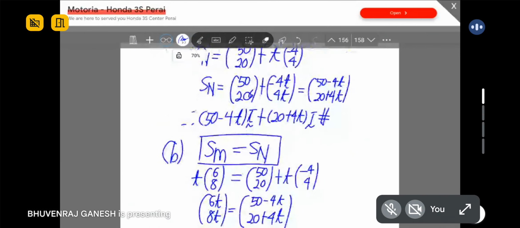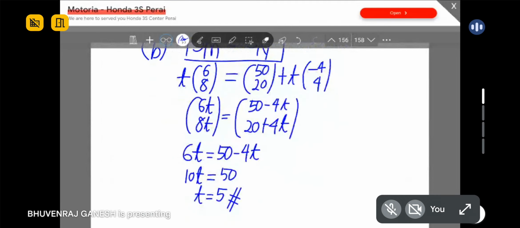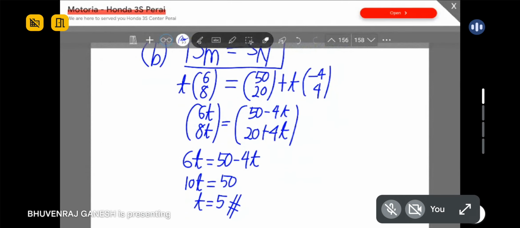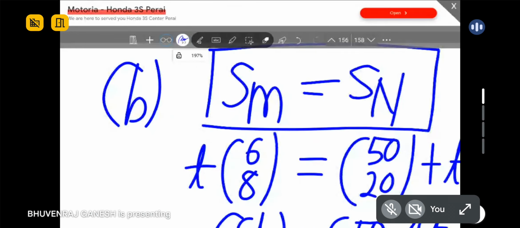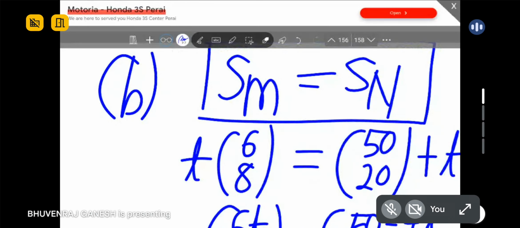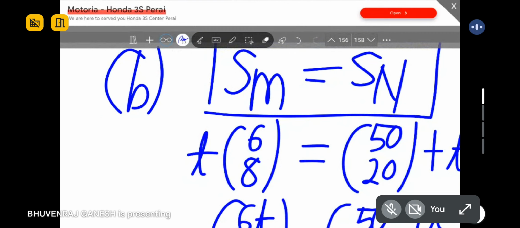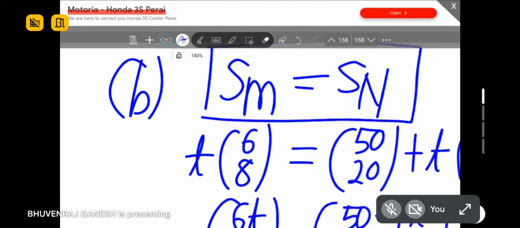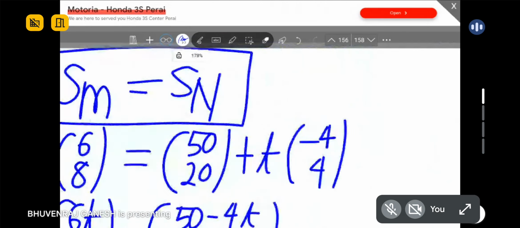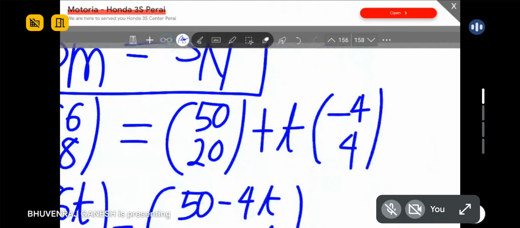If you guys don't really understand, right, you can actually draw out in a coordinate system. It means you draw the coordinate. Example for M, when t equal to 5, the coordinate is how much, guys? Is 30 and 40, right? 5 times 6, 30, 5 times 8, 40, 30, 40. And then this one over here, if you substitute t is 5, also 30, 40, right?